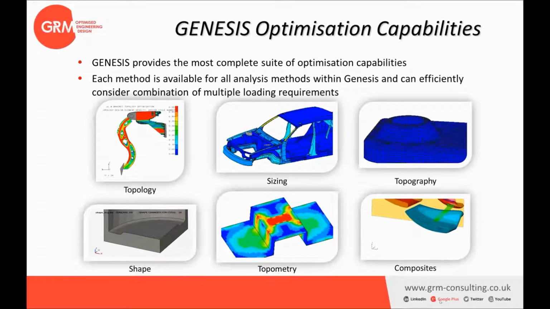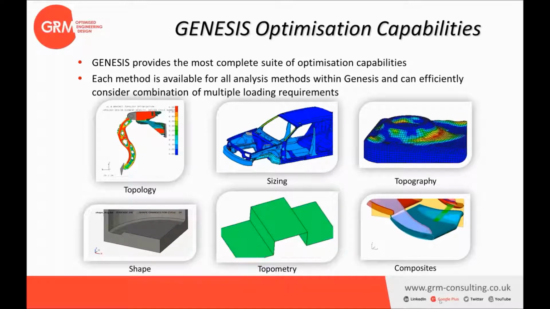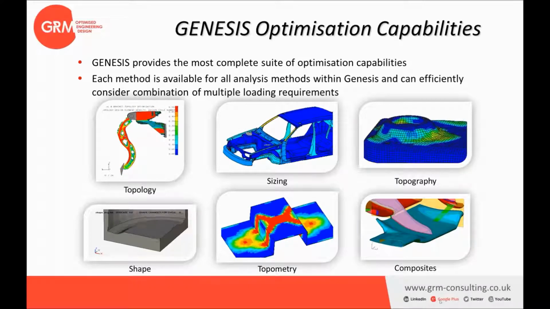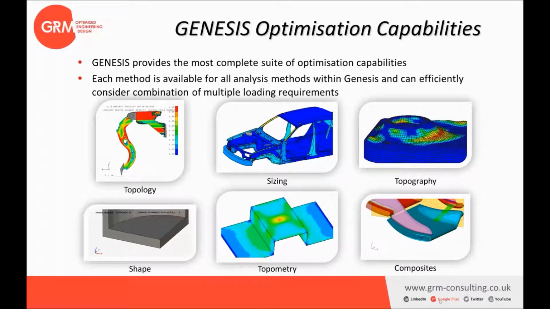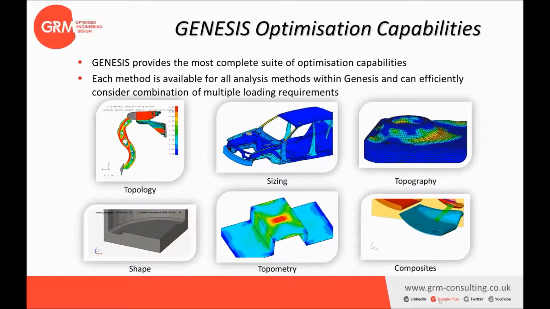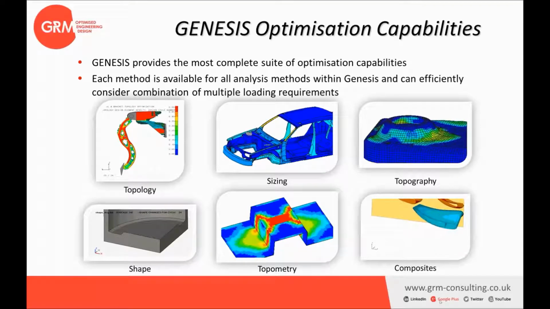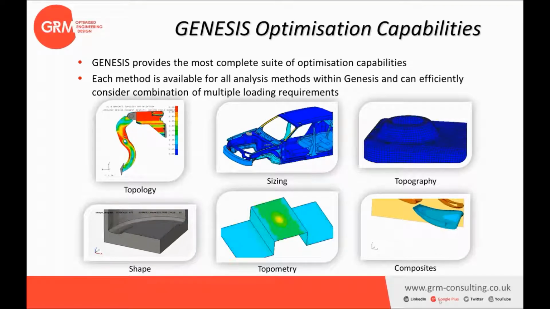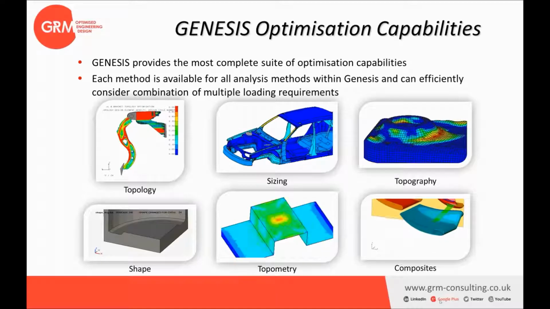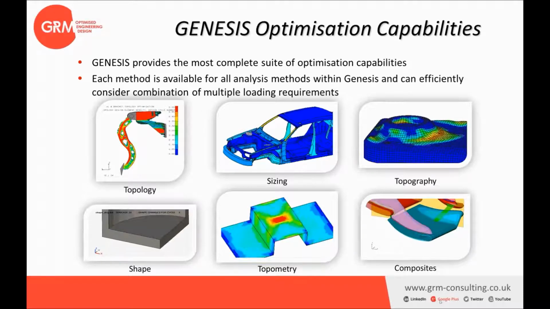Topography optimization gives you the optimized pattern on a surface. You have then shape optimization, which works on parameters. Topometry optimization works also like sizing, but on different element patterns. And finally, composite optimization.